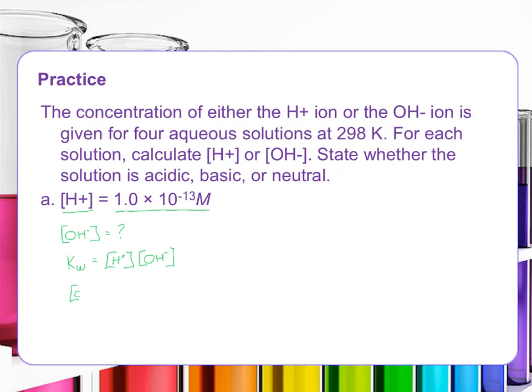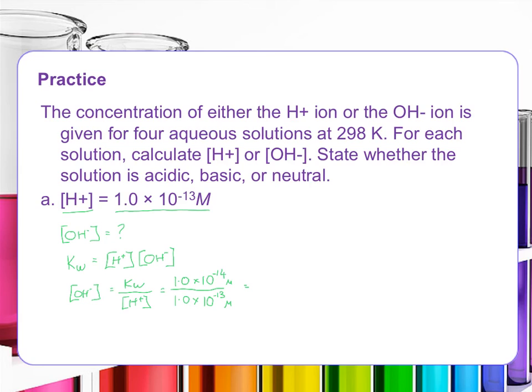So OH minus is going to be Kw over H plus. Kw, our constant, is 1 times 10 to the minus 14. The H plus concentration in the question is 10 to the minus 13. What are we going to do?